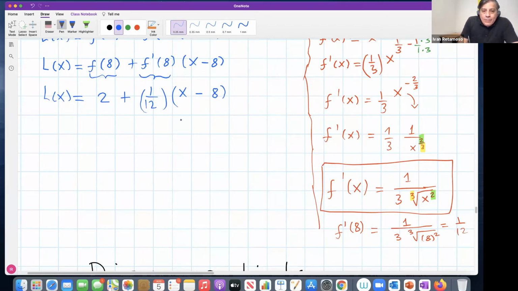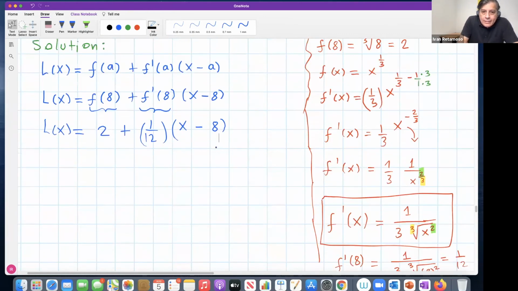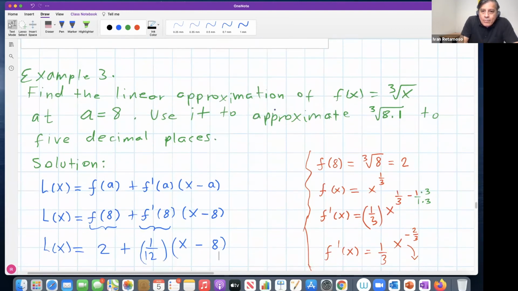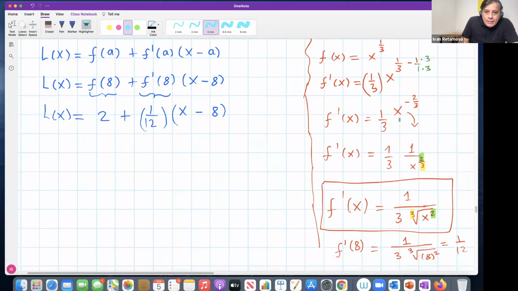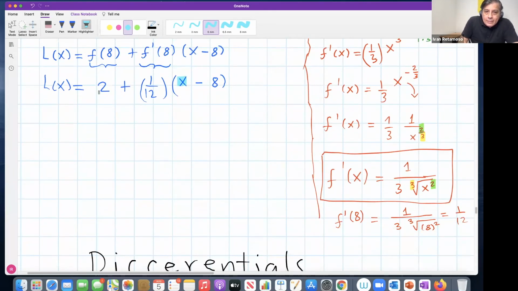Now I can simplify and then present my answer in slope-intercept form, in case they want you to find the linearization. But notice, guys, that in this case they just want you to approximate this. So I'm going to put this directly there in the linearization formula.